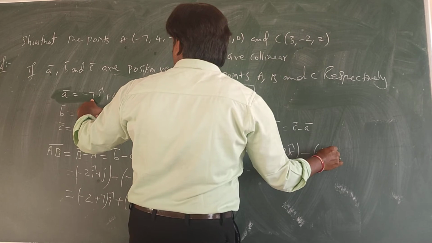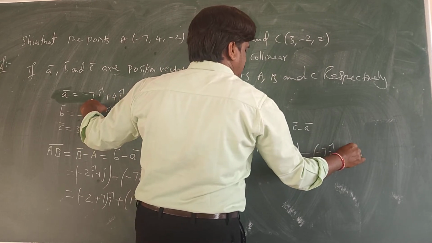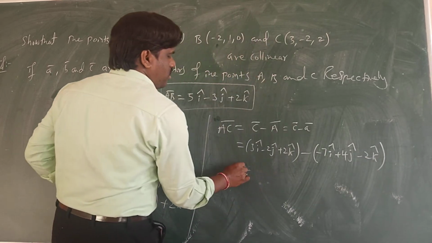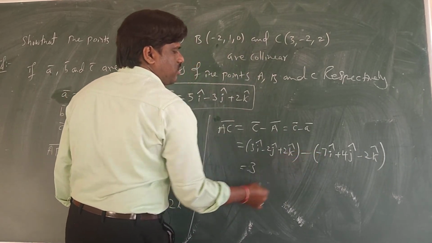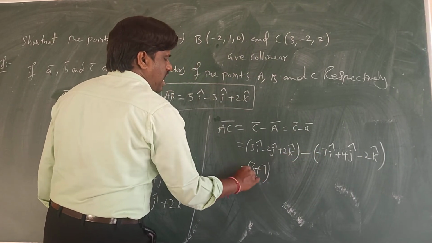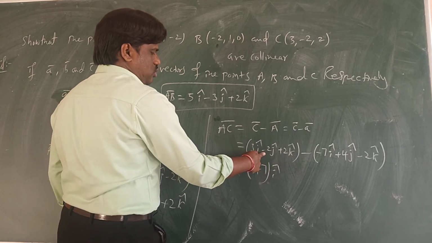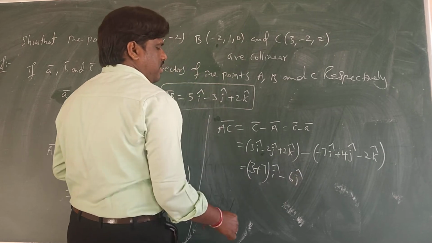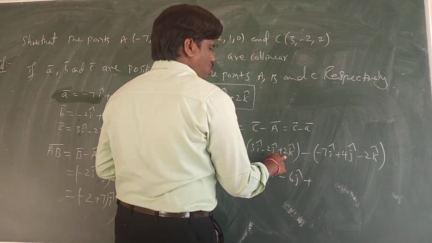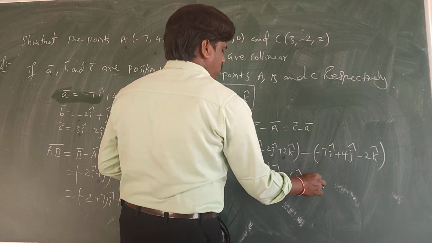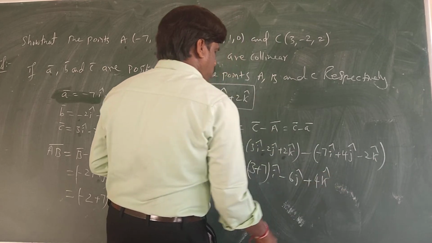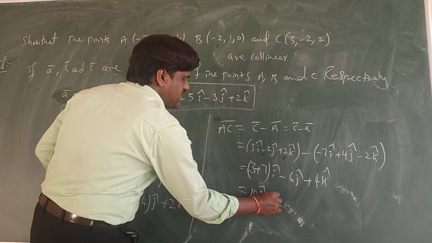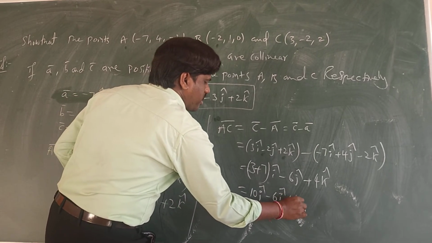Minus 7 I cap plus 4 j cap minus 2 k cap. Okay, now I get 3 minus into minus plus 3 plus 7 I cap, minus 2 minus 4 minus 6 j cap. Now plus 2 plus 2, that is 4 k cap. So I got here this as 10 I cap minus 6 j cap plus 4 k cap.